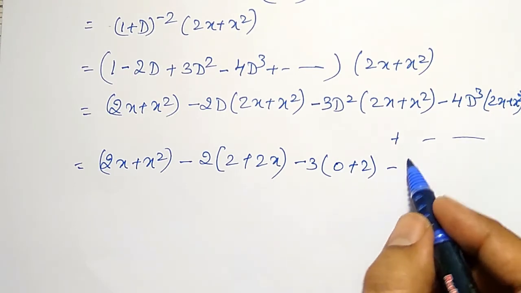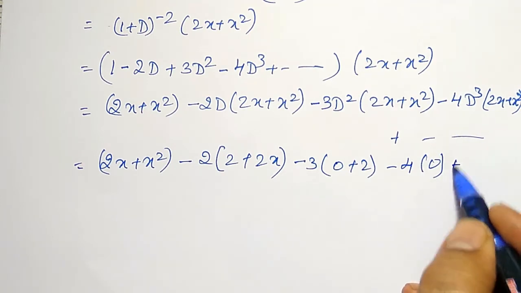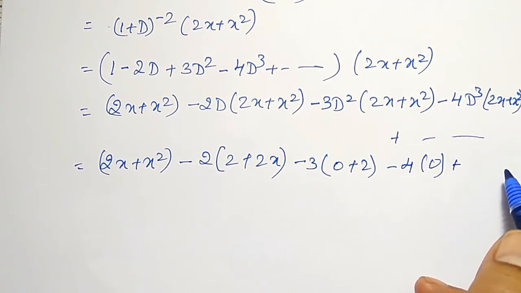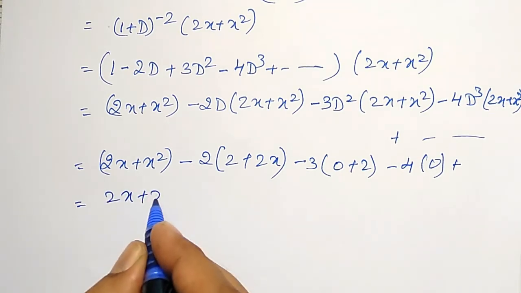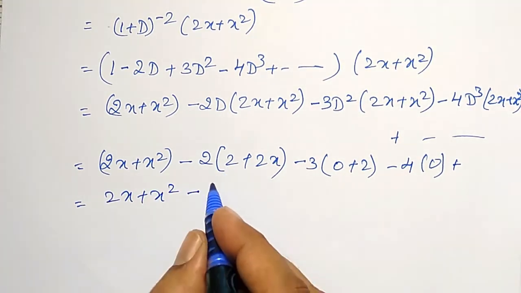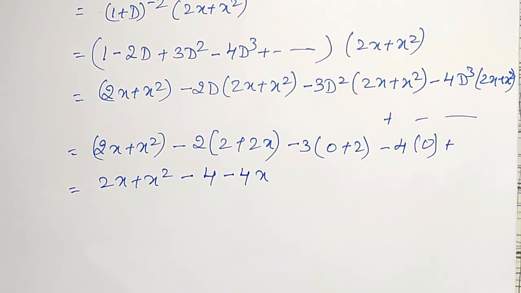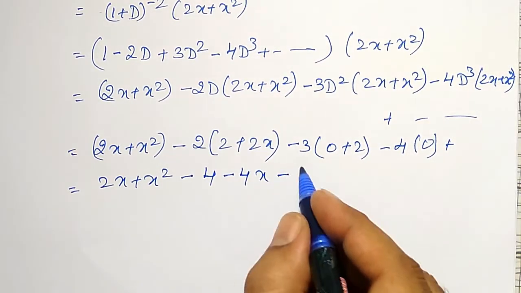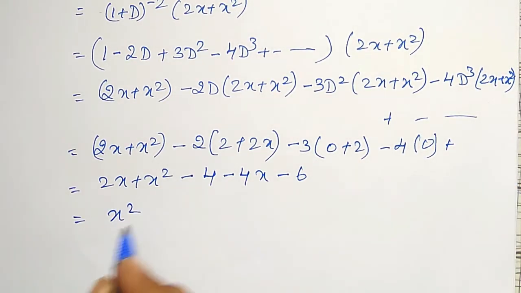Like that, minus 4, the third derivative of all these terms will become 0. The fourth derivative and beyond of all these terms will become 0, so you can stop here. Which is equal to 2x plus x square minus 4 minus 4x, and minus 6, and the rest all terms are 0.